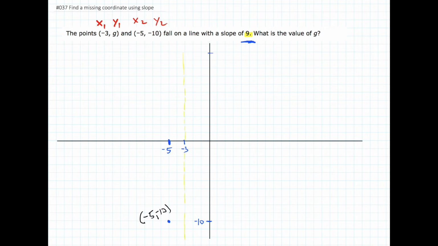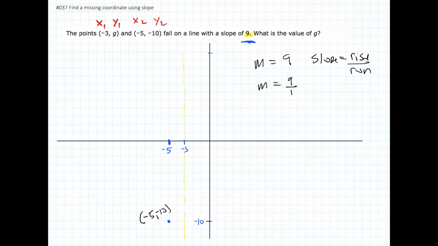So if I wanted to, I could go, well, slope is represented by the letter m. You can say, all right, well, m equals 9. That's slope. And remember, slope is rise over run. So I can write this as m equals 9 over 1, same thing as 9.